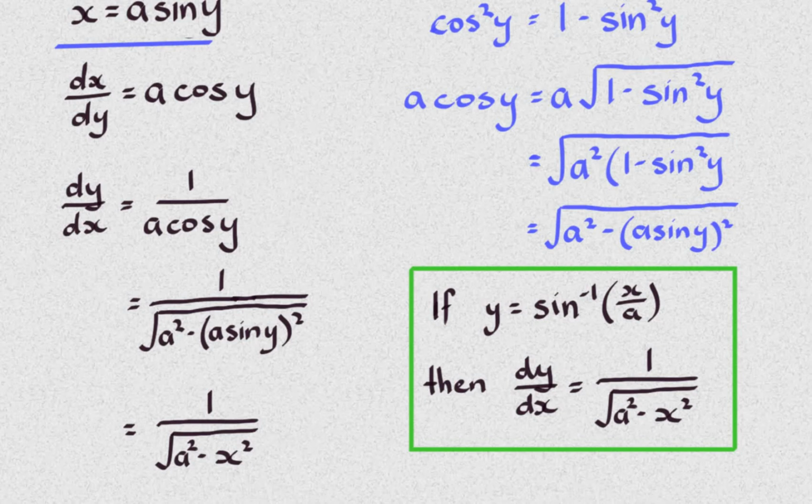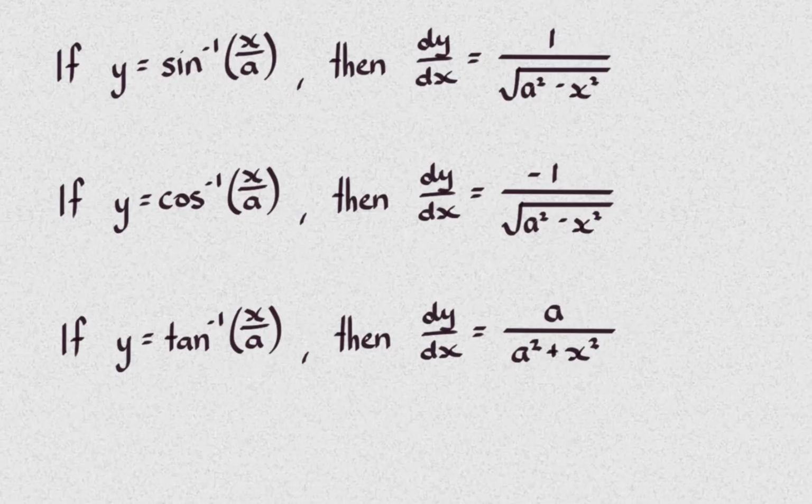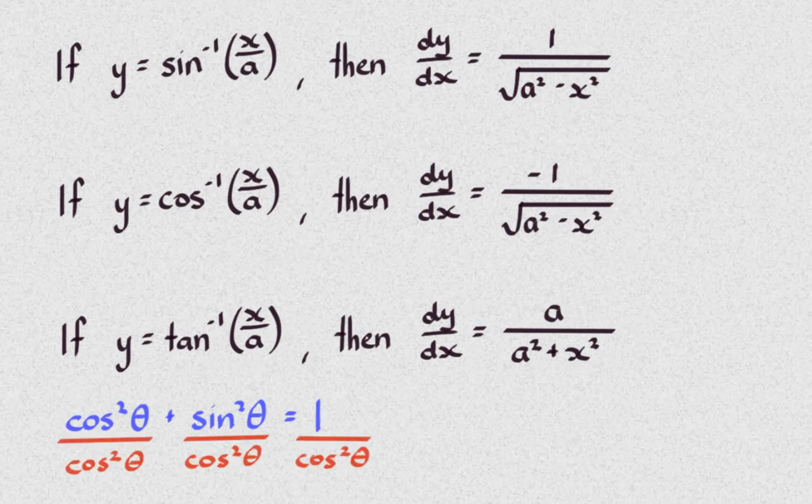So what about inverse cos and inverse tan? Well, these can be found through very similar proofs to what we just used. I would encourage you to have a go at seeing if you can come up with the derivatives for inverse cos and inverse tan yourself. The only difference really with the proof for finding the derivative of inverse tan is that when we get to using the Pythagorean trig identity, we need to divide through by cos squared each and every term, so that we get a relationship between tan squared and sec squared.